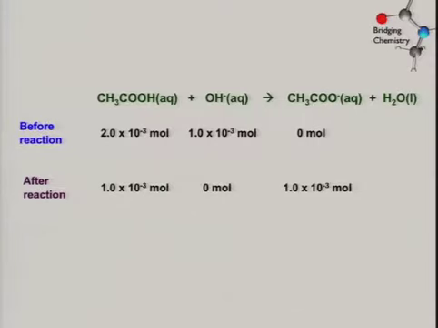So then, now what we've done is we've worked out the amounts of our weak acid and its conjugate base after the reaction has finished. And these are the numbers that we need for our Henderson-Hasselbalch equation. Right? So it's not these ones, not the 2 and the 1, but the 1 and the 1. Yeah?